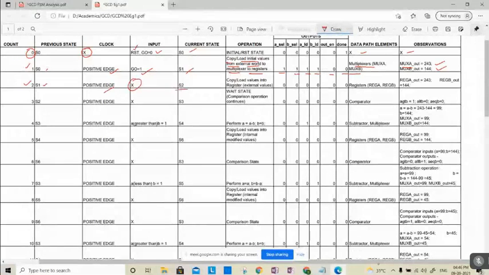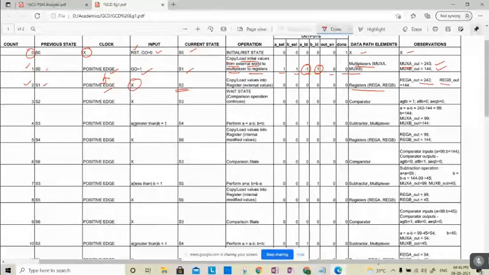Now depending upon the previous A load value, the B load value, and presently a positive edge, these three decide how the registers come into the picture. Output of register A will be 243, output of register B will be 144.